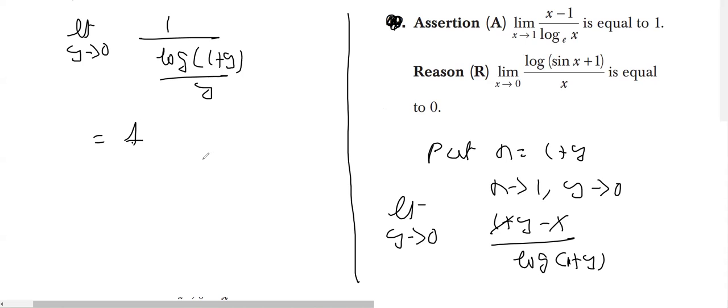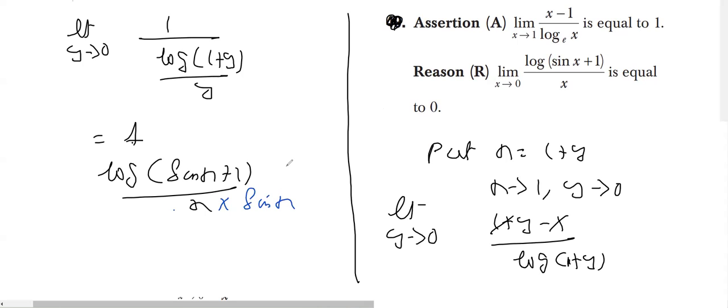Now on simplification of the reason, this is log sine x plus 1 over x. Clearly it is in the form of log x plus 1. So what is missing here is sine x. So you can multiply and divide by sine x.